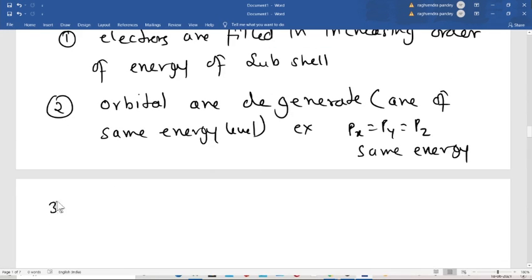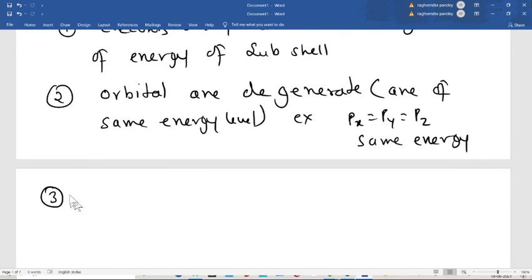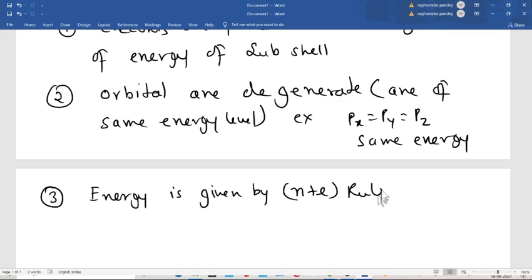Okay. Third point, energy is given by the N plus L rule, or Aufbau principle.